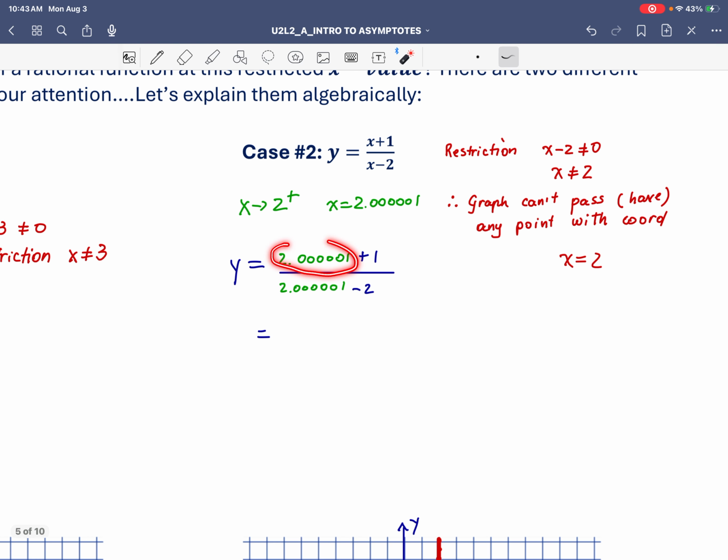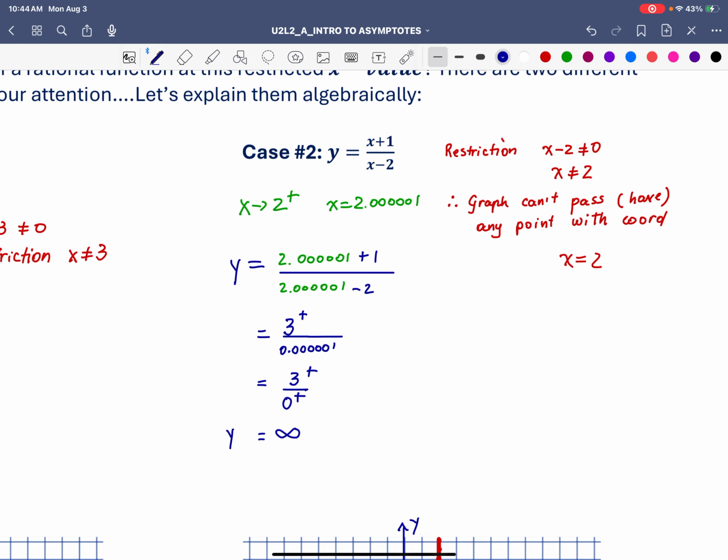If you have a number slightly more than 2, add 1, then you're going to get 3 and a little bit more. And if you subtract 2.000001 minus 2, then you're going to get 0.000001. So a very small, close to 0 number, or as we call it, the 0 plus. Now remember, when we divide a constant by 0 plus, we get infinity.